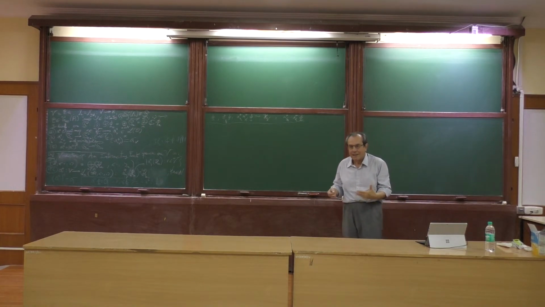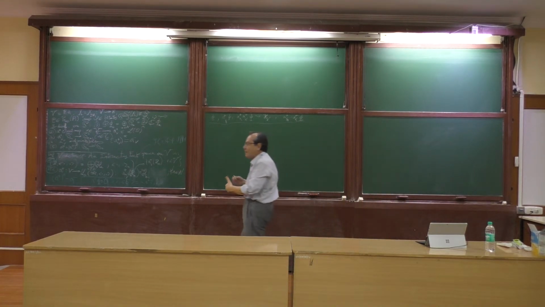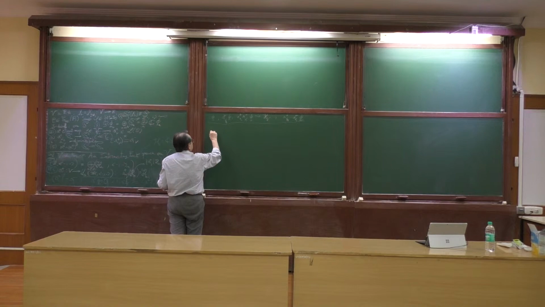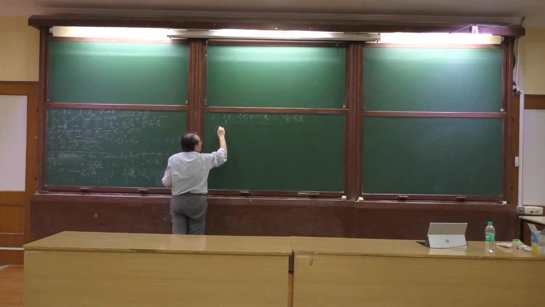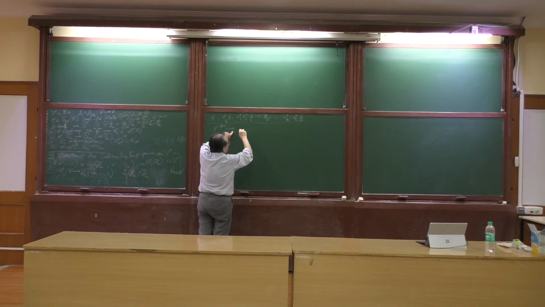And since it is a multilinear function, by the universal property of the tensor product, I know that there is a unique map, a homomorphism of the nth tensor power of V onto Hn.